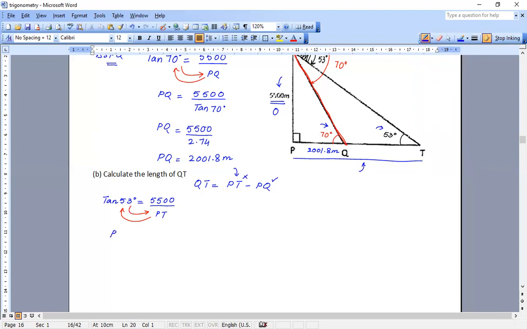PT is equal to 5500 divided by tangent 53. Let's write the value of tangent 53 directly, which is 1.32, and then divide 5500 by 1.32. It is going to be 4144.5. The length of PT is equal to 4144.5 meters.